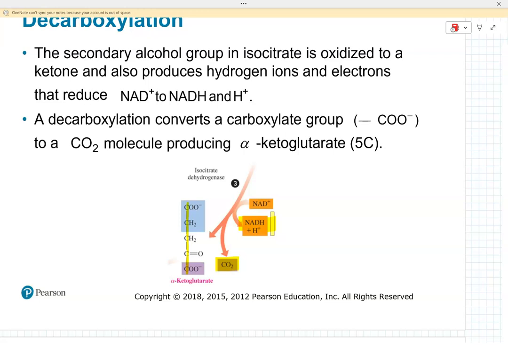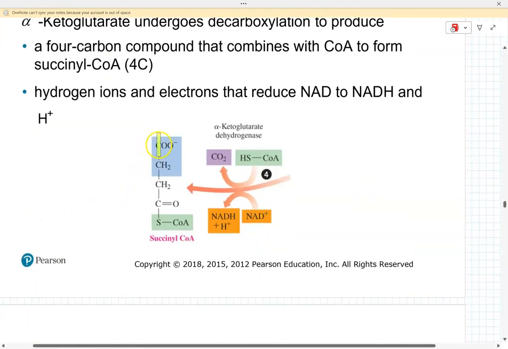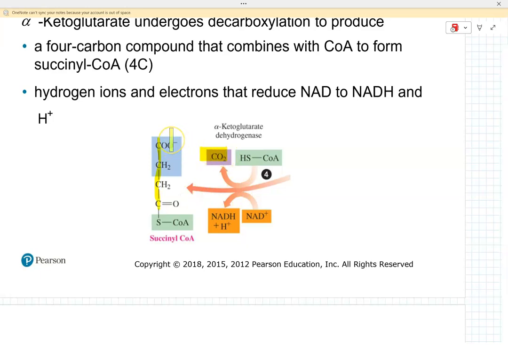So that was the whole idea, to strip some hydrogens and electrons from isocitrate. Keep in mind that alpha-ketoglutarate has 5 carbons. This is succinyl-CoA. How many carbons? 4. Where does that carbon go? CO2. We have another NADH, so another set of hydrogens and electrons. Am I making sense?